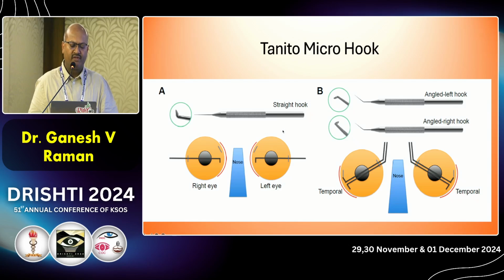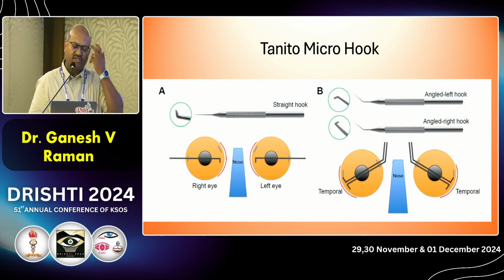The angled ones are for the approach from the supranasal aspect into the temporal region. There you can incise 120 degrees. If you are not happy with the 120 degree incision, you can always do one more 120. So for people who are not able to do a complete GAT, this is very useful. You have a 240 degree excision compared to just a 120 degree excision.